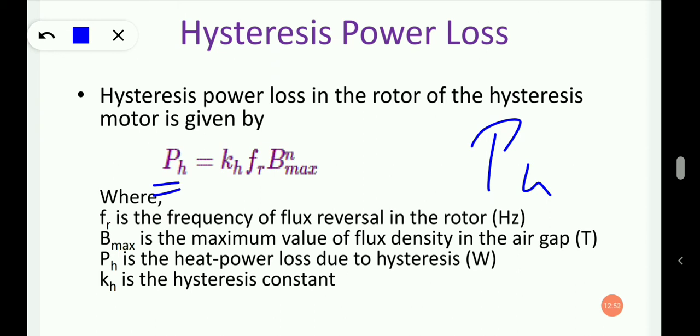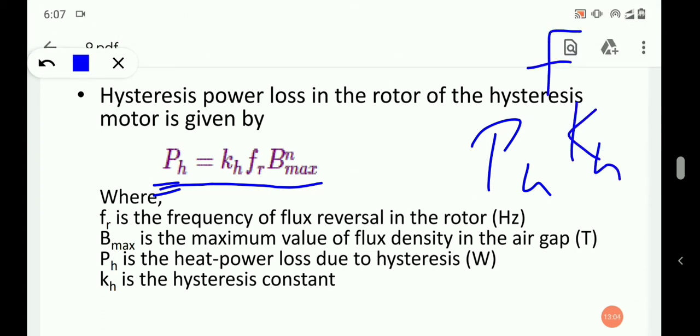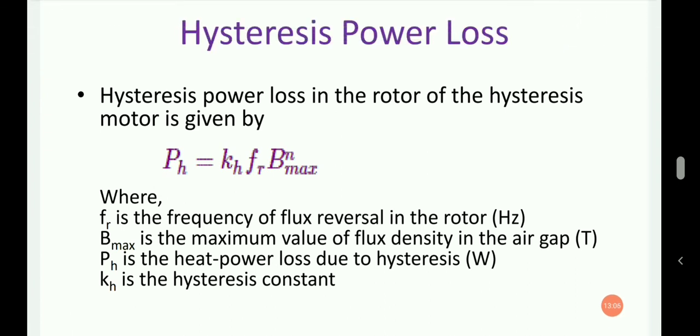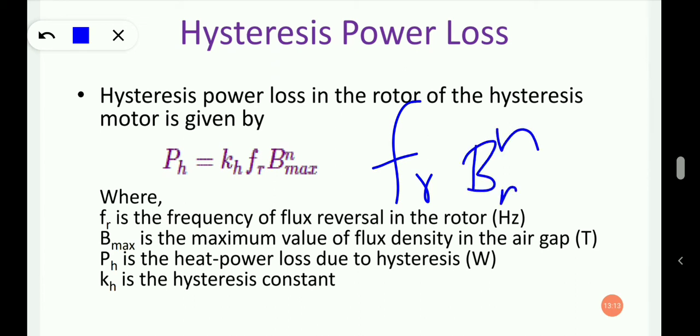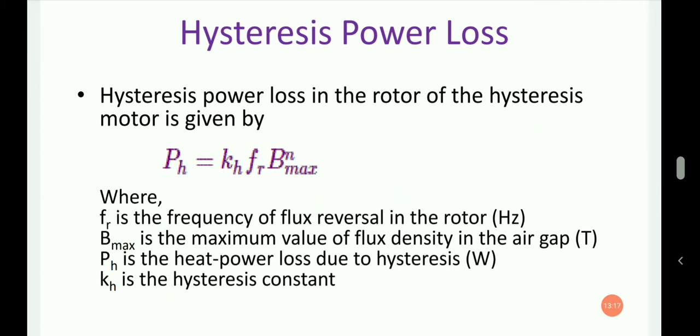Hysteresis power loss in the rotor of a hysteresis motor is given by PH equals KH into Fr into Bmax raised to n, where Fr is the frequency of flux reversal in the rotor and the unit of Fr is Hertz.